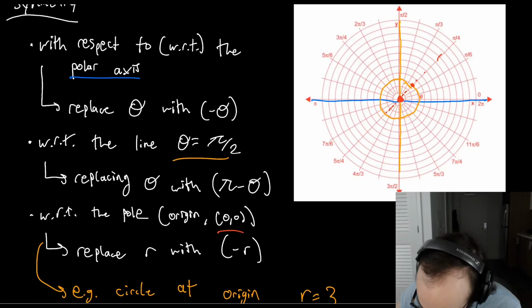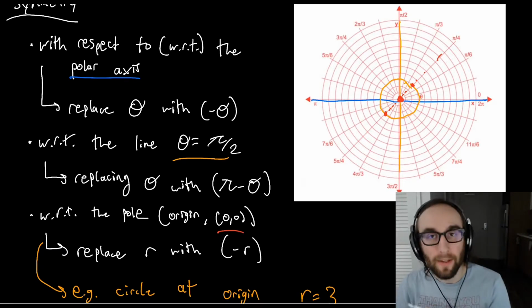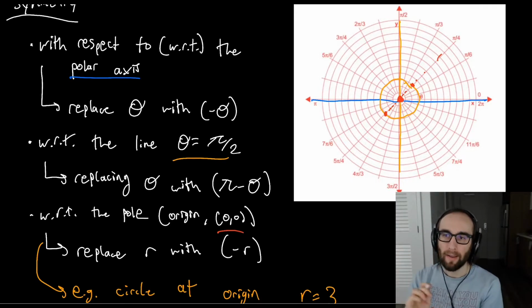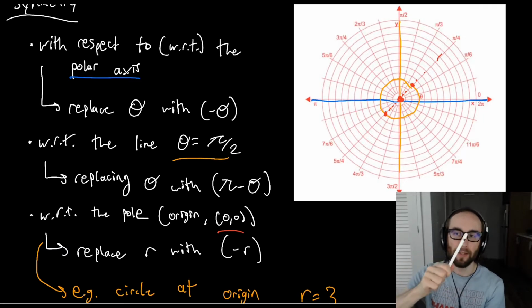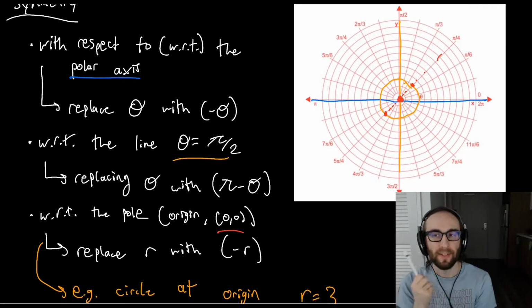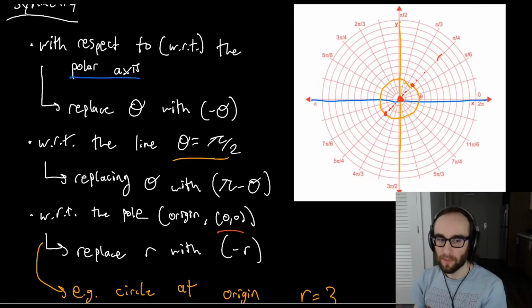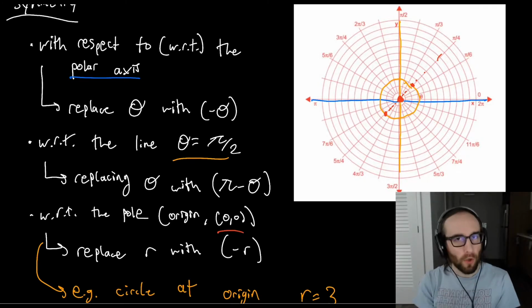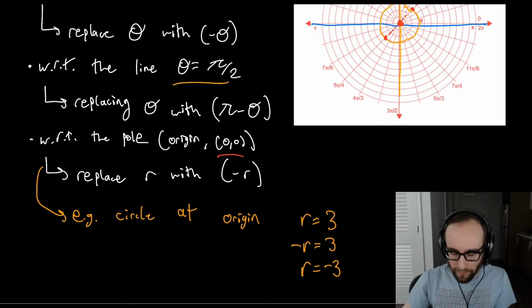So we'll go in the exact opposite direction, but we'll also land exactly on our graph, where we would be at the opposite angle. So no matter what angle we're at, even though we have negative r, we'll flip across and end up exactly at the same spot on the graph. So circles, we can say, are symmetric with respect to the pole. Let's take a look at two more equations, and then we'll see what their graphs look like.